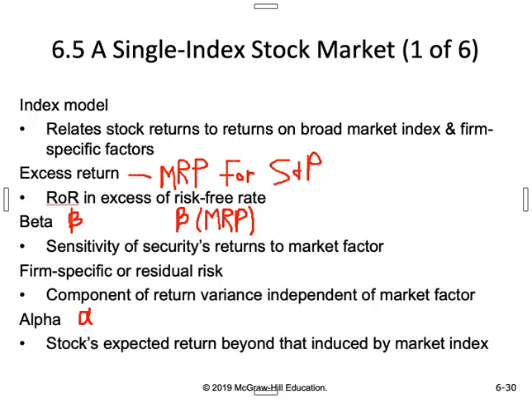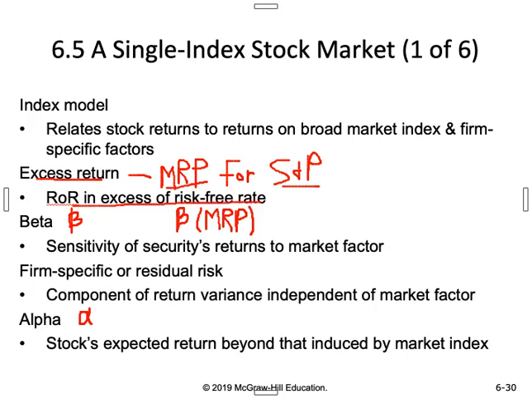So first of all, the stock returns on the broad market in excess. This excess return means excess over the risk-free rate. For the S&P, that's called the market risk premium. Market risk premium is the excess return over the risk-free rate for the S&P 500, which is just the proxy for the stock market. So, and there it is, rate of return in excess of the risk-free.